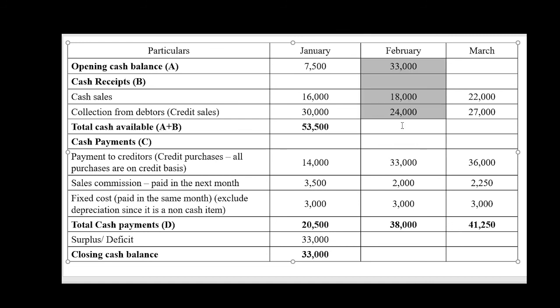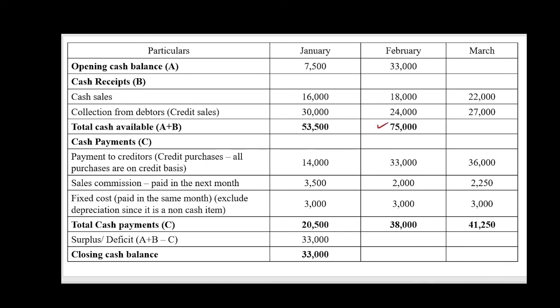Now let us add all these three items so that we get total cash available. So 33,000 plus 18,000 plus 24,000 will be 75,000. From 75,000 let us deduct 38,000. So surplus or deficit is technically A plus B minus C. Total cash available for the month of February is 75,000.